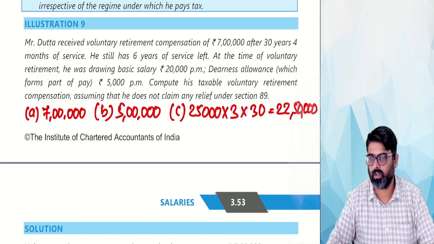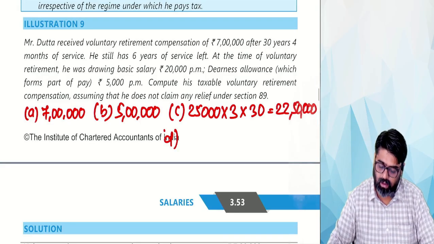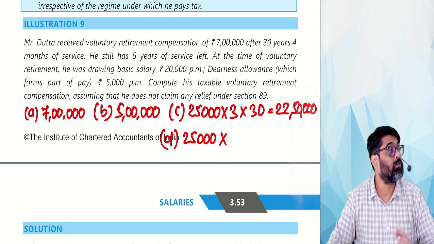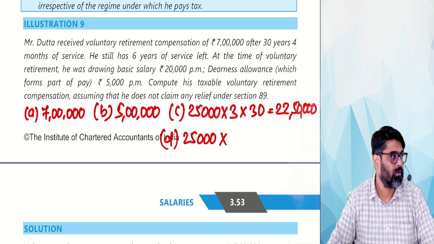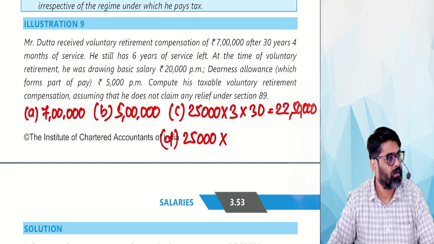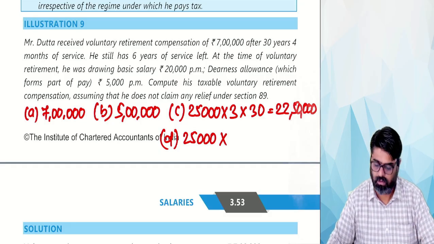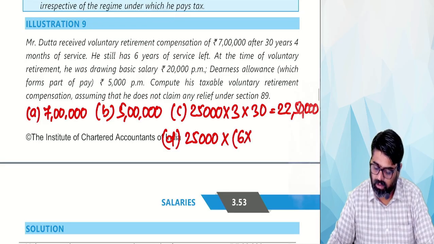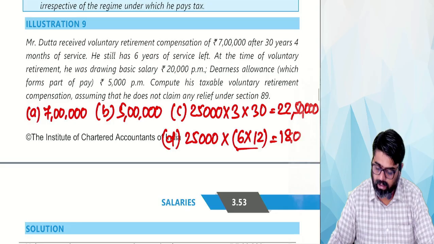Yes sir, no sir. Limit D, again you are supposed to take last drawn salary, but multiplied by balance months of service. So 6 years are remaining. How many months are remaining? 6 into 12, this will be 72. So multiplied by 72, this will give you 18 lakh.